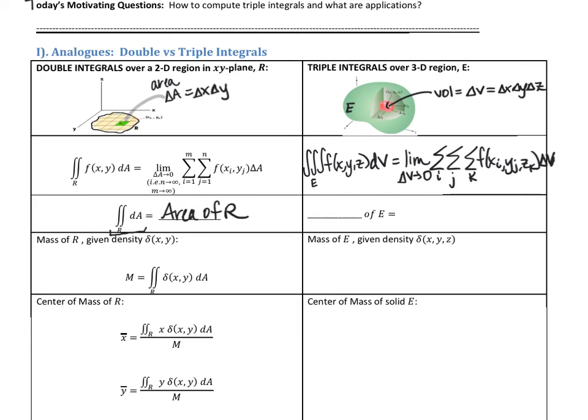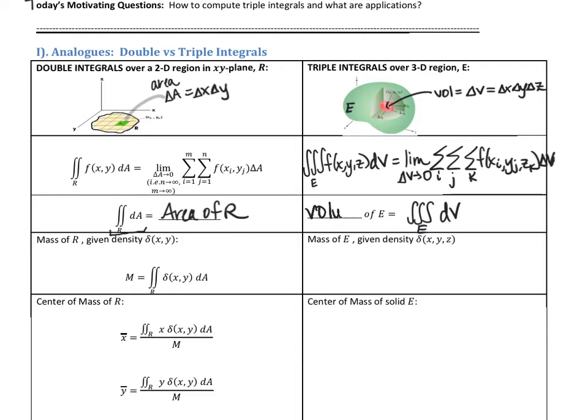And so similarly, if I were to chop up this region E into a bunch of little rectangular cubes like what we have up here and just add up those volumes over that entire region, and I take the limit as I chop it up into more and more of those little cubes, it's going to lead me to the total volume of that whole green region.